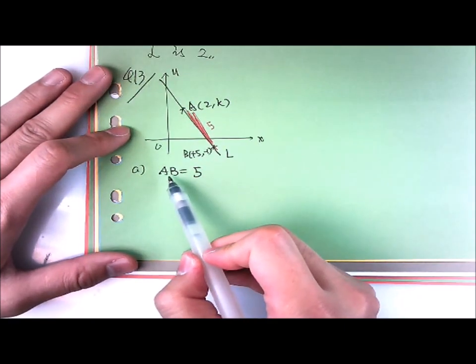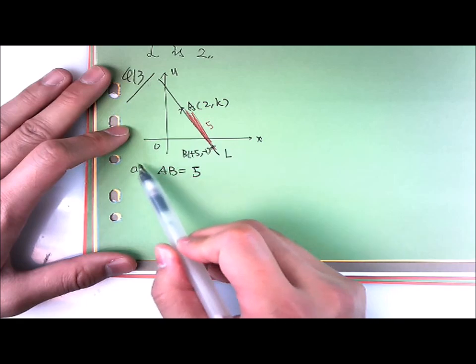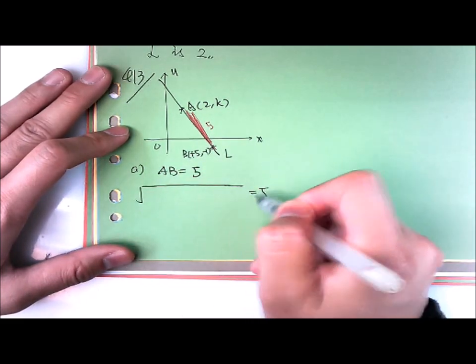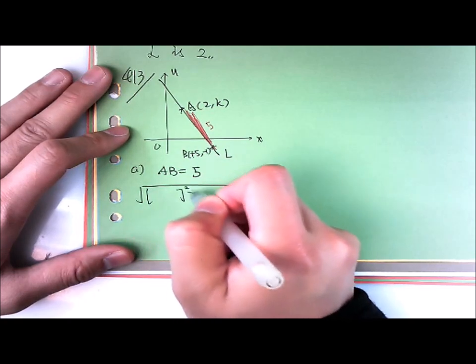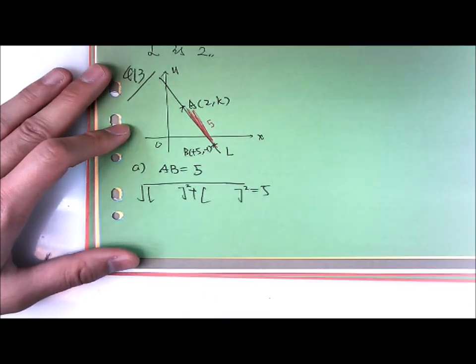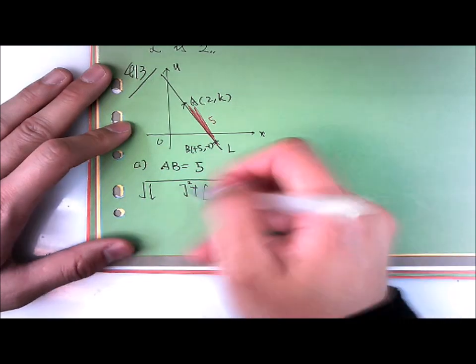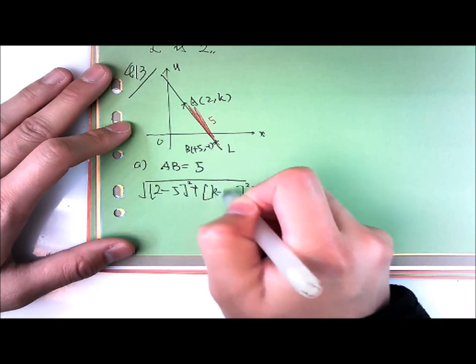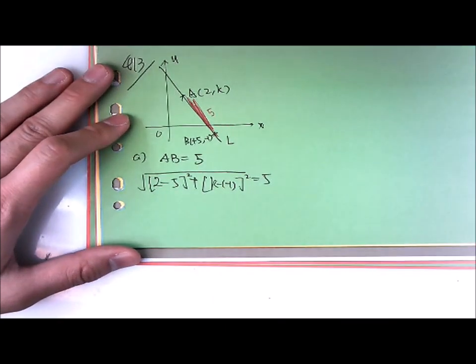See, I don't write the m here, right? So for the distance formula, you cannot forget, this is 2 minus 5, this is k minus negative 1.